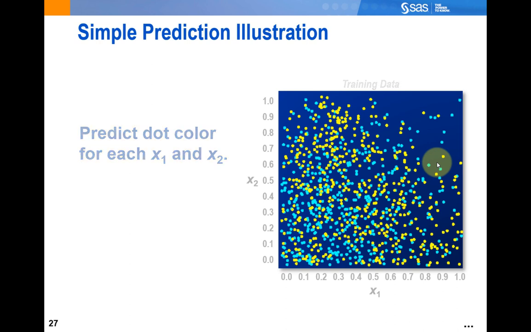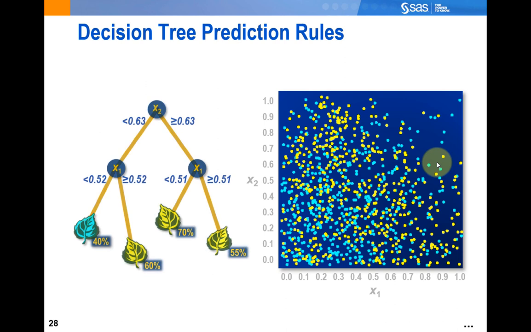So let's say the tree has been grown, and the first split is using X2. So X2 is here using a level of 0.6, so somewhere close to here. Then it will draw a horizontal line. Everything above it will be split into the right branch.